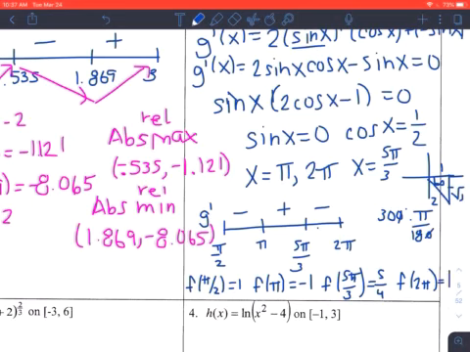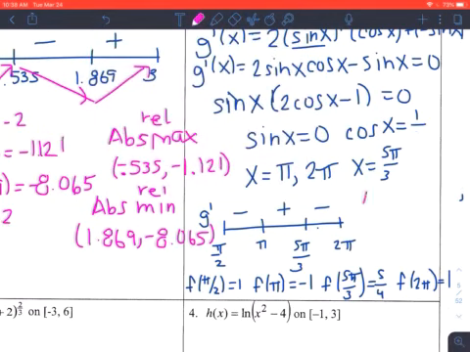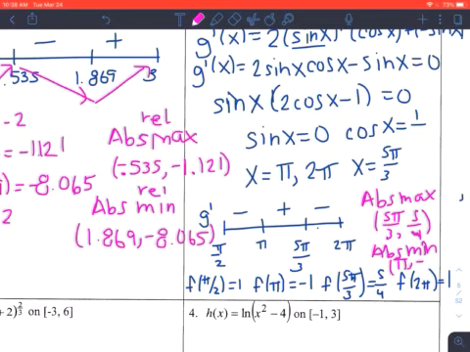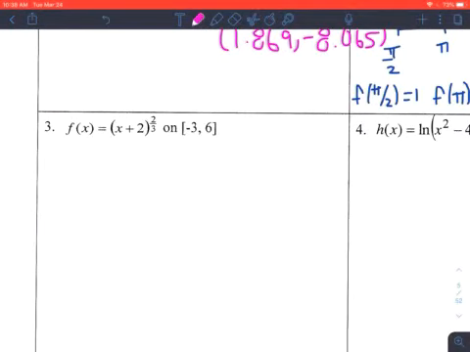So that will tell me that I'm going to have an absolute max at 5 pi over 3 and 5 over 4, and an absolute min at pi, negative 1.